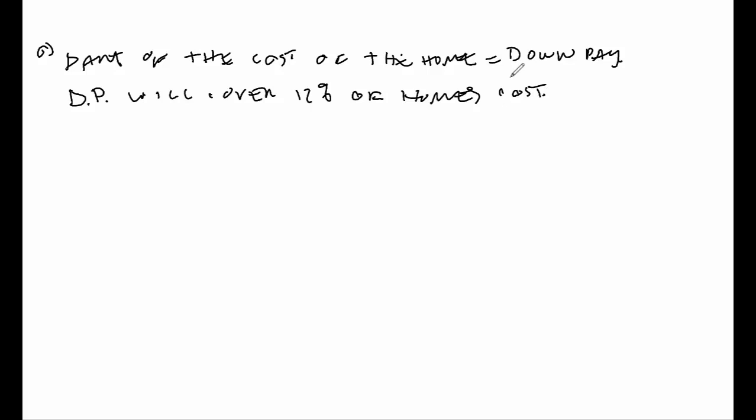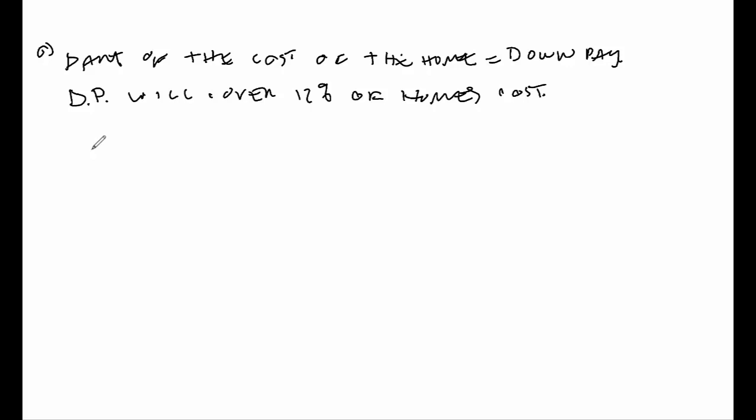So what we want to find is the maximum cost of a home we can afford, given that we have $22,020. So we want to find how much we can afford if we're going to buy a home.